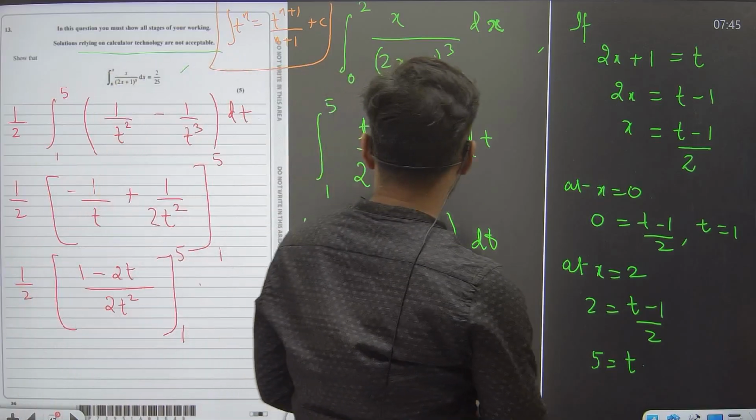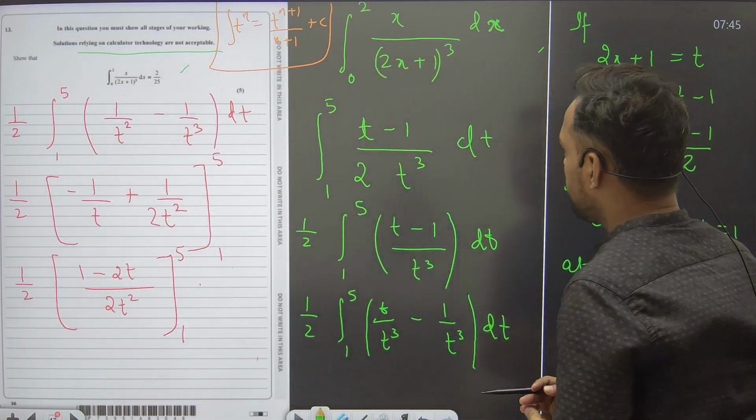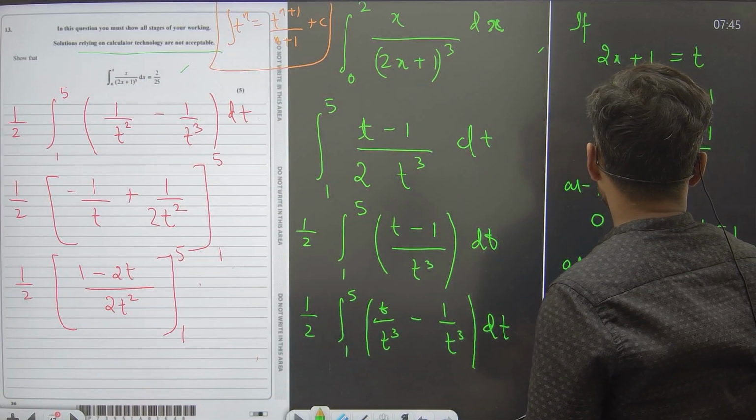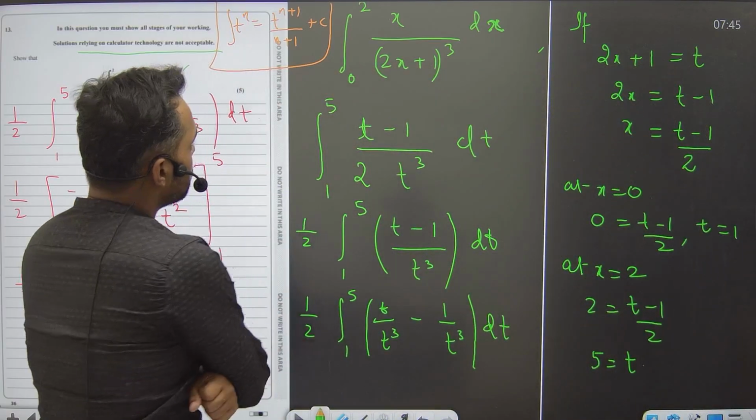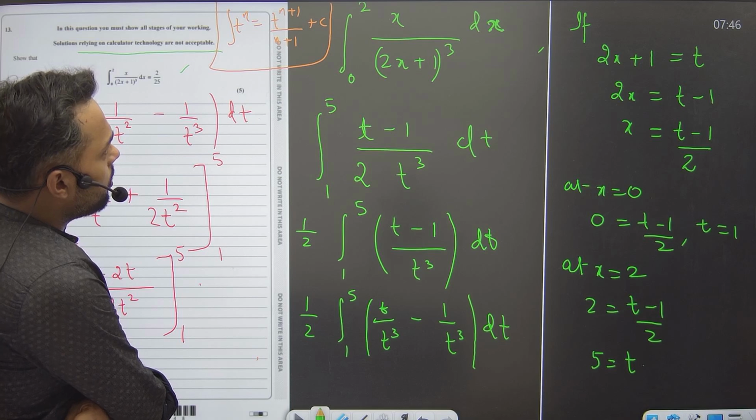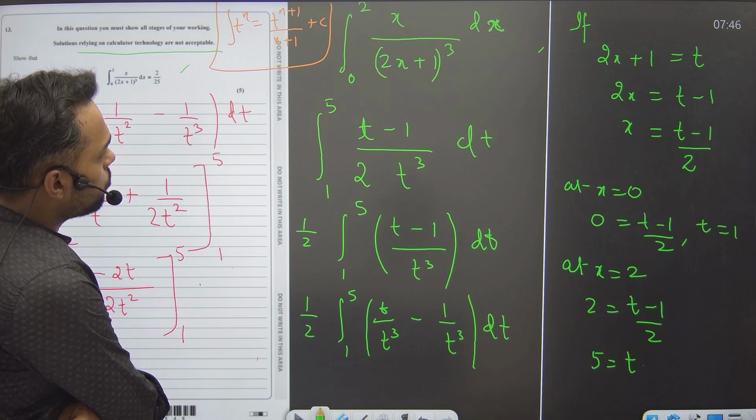So we must have left a 2 somewhere. We need to say it, student. x will be (t minus 1) by 2.